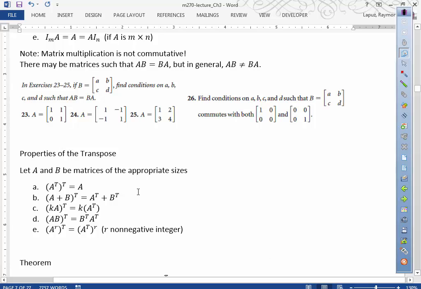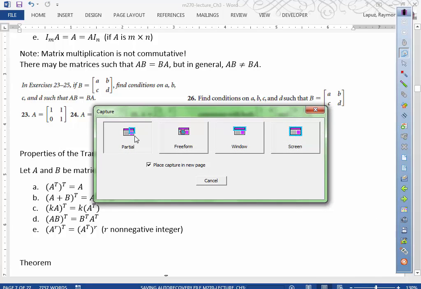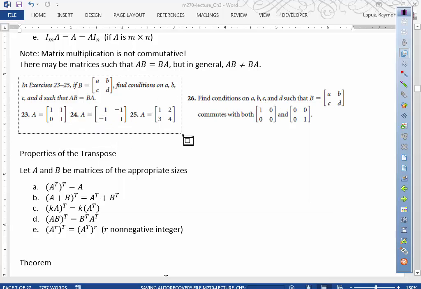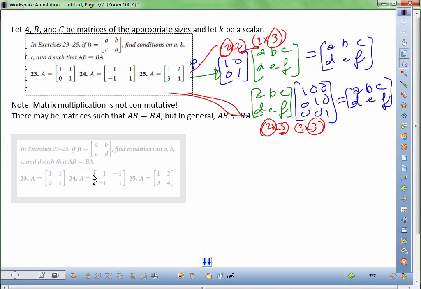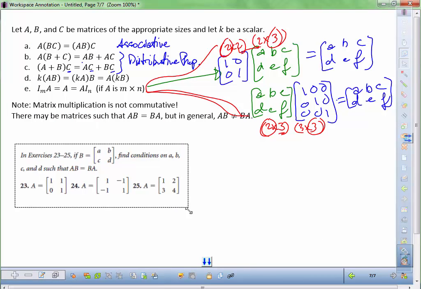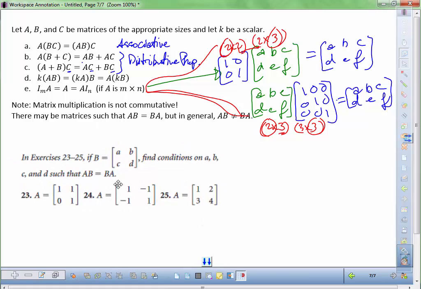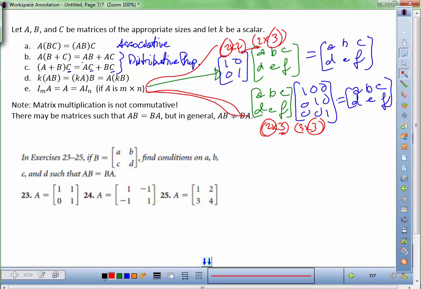Oh, look at this. Find conditions for A, B, C, D such that, remember those conditions problems? Let's see if we can squeeze another one here. Let's do number 23.